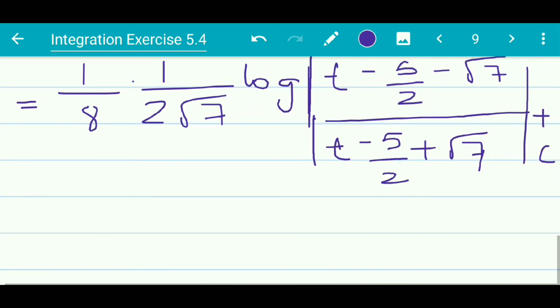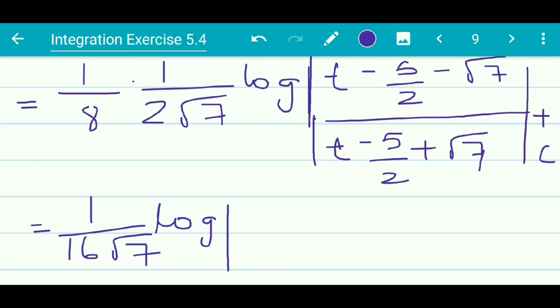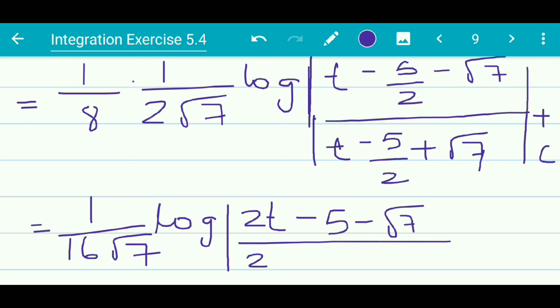Then going further, this becomes 1 upon 16 root 7 log mod of, now cross multiplying, twice of t minus 5 minus root 7 upon twice of t minus 5 plus root 7 plus c.